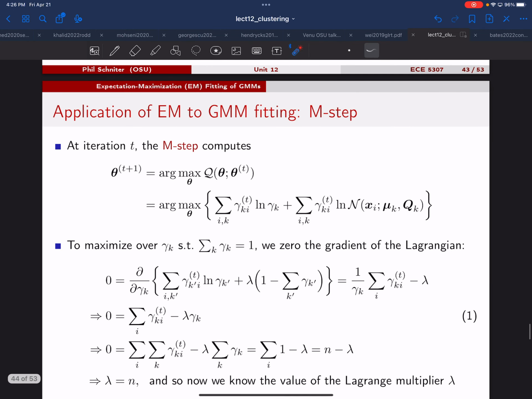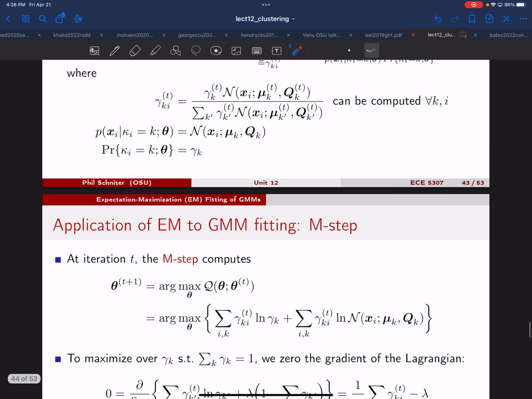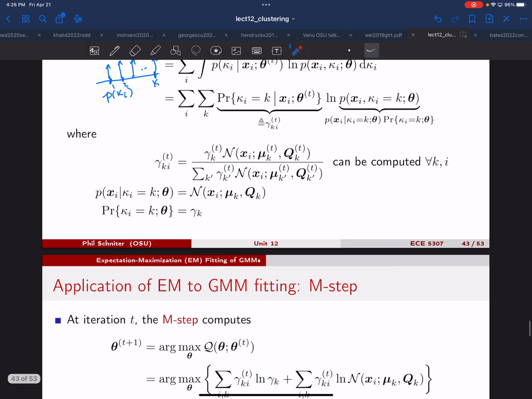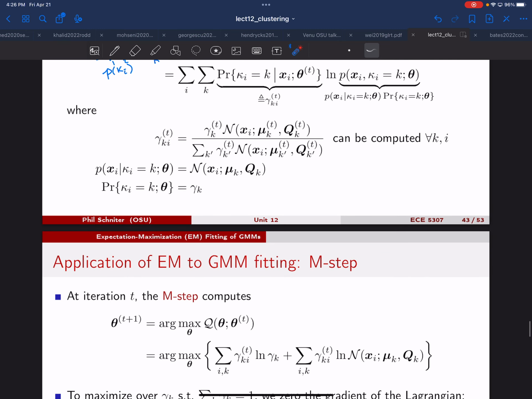Okay, so here's the M step. This is the Q we just derived on the previous page. Let's see, so what we did is we have a double sum, and we're doing a log of a product, so that's going to give log of the first plus log of the second.